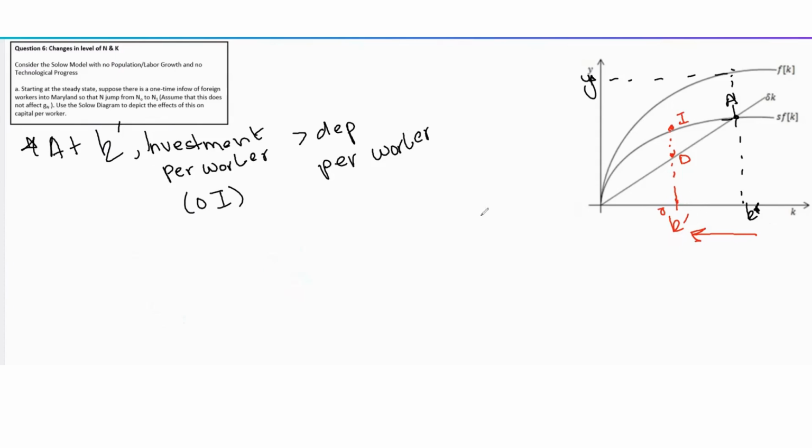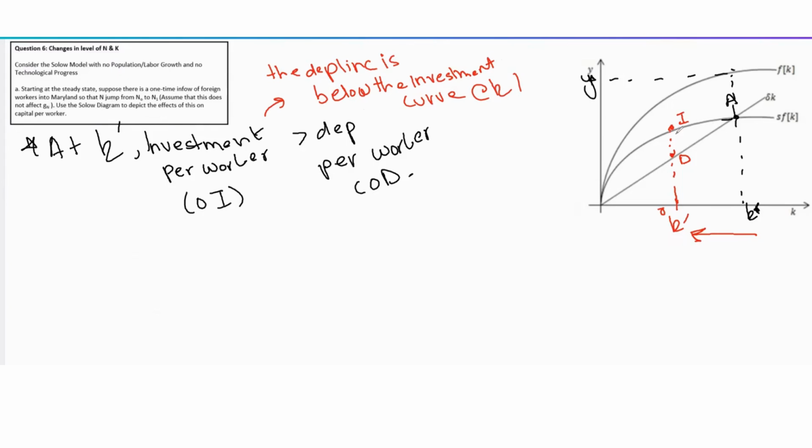The depreciation line is below the investment curve at the point k prime. So we can see investment per worker is greater than depreciation per worker at this point.